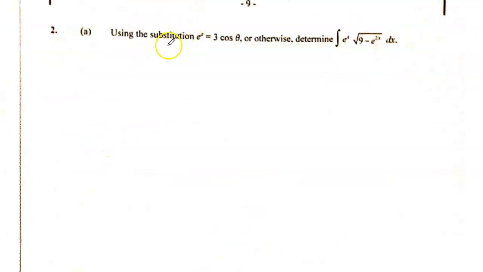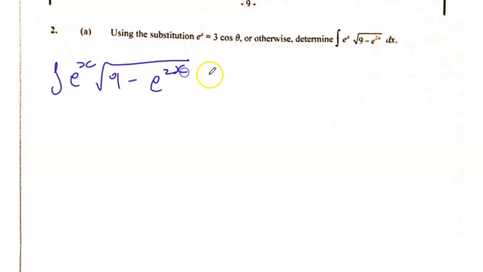Question 2. Using the substitution e to the x equals 3 cos theta, or otherwise, determine the integral of e to the x root (9 minus e to the 2x) dx, and we're going to use the substitution e to the x equals 3 cos theta.